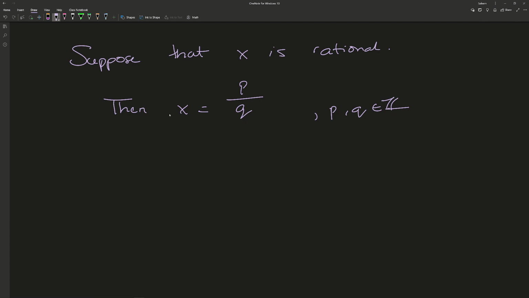So this is the form of x here. Then, using another connective, x squared is equal to p squared upon q squared. So this is what we have so far.